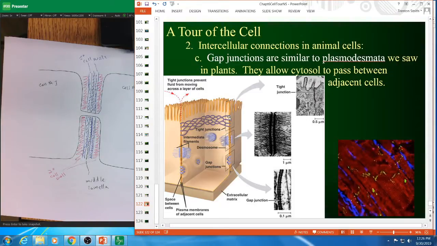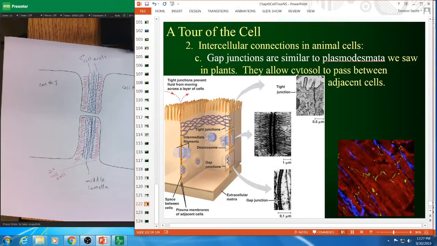Plasmodesmata are connections that allow fluid to pass between adjacent plant cells. Here, gap junctions perform kind of the same role, but with adjacent animal cells instead. And so the difference is animal cells don't have that cell wall that the tube between the 2 cells has to go through.